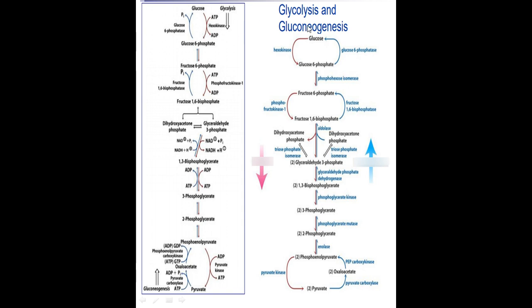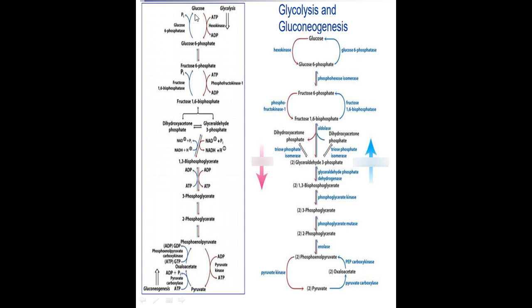In gluconeogenesis, precursors include pyruvate itself, some amino acids like alanine, glycerol, and other molecules like lactate. These are built up in the gluconeogenesis pathway to form glucose when there is a limited amount of ATP or glucose in the body.